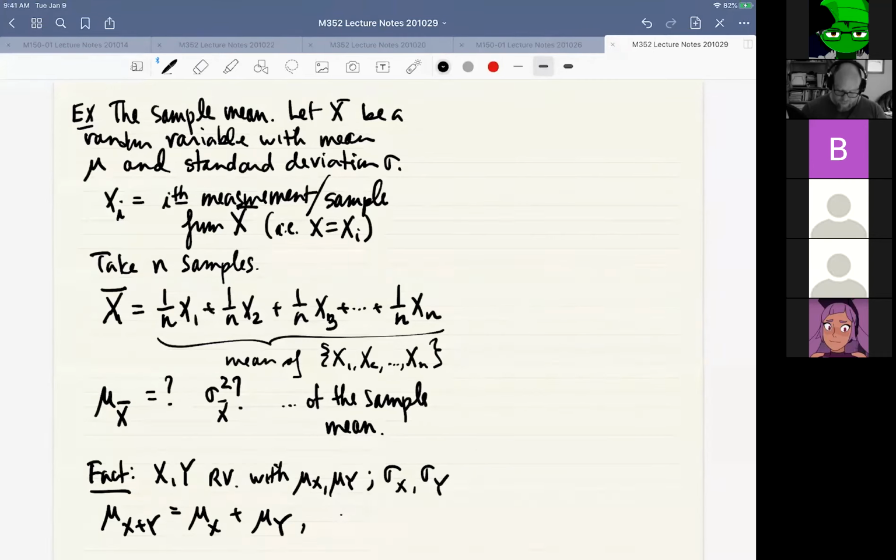And it turns out that the variance of the sum is going to be the sum of the variances. So the mean and variance work out very nicely. Turns out, if I look at the difference of the random variables, the variance of the difference of the random variables is still the sum of the variances of the two random variables.